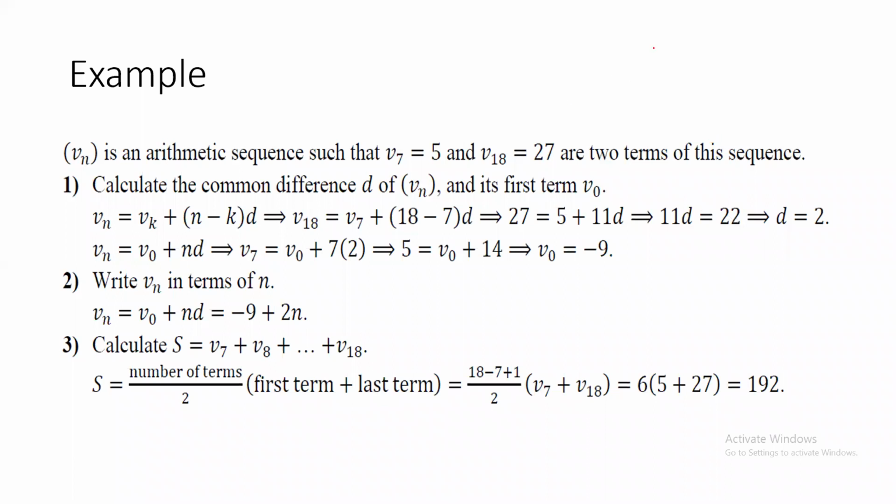You have to study the notes. I will send you the summary whenever we finish. To prove arithmetic sequence, we have to prove that un plus 1 minus un equals d. To calculate terms of the sequence, we have the rule un equals uk.